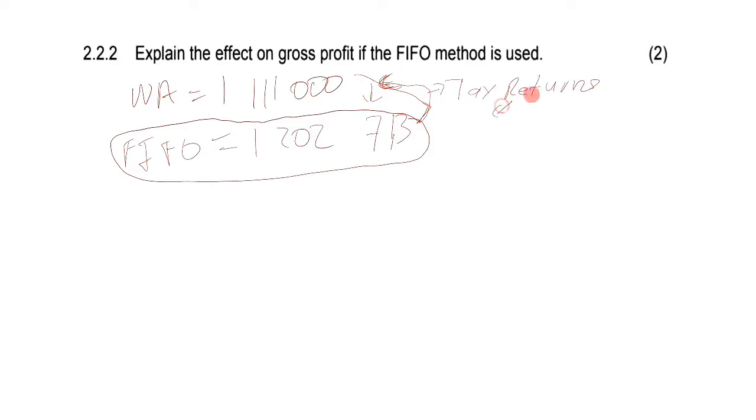Remember, tax returns basically will result in an increase in your gross profit, right? So again, a larger closing stock will result in a smaller cost of sales, hence you will have an increase in your gross profit, right?